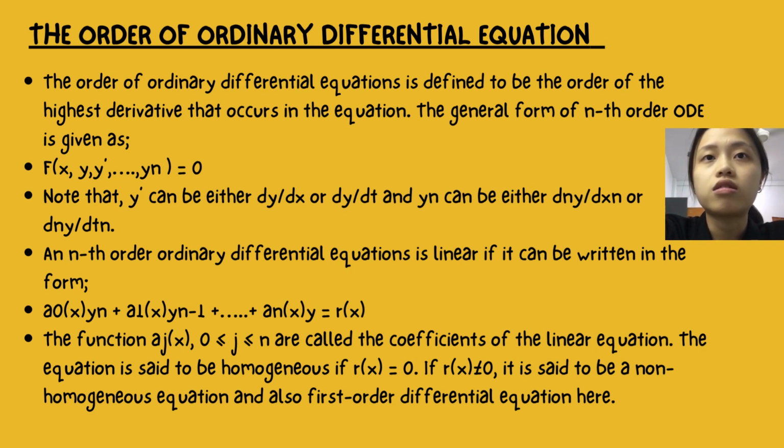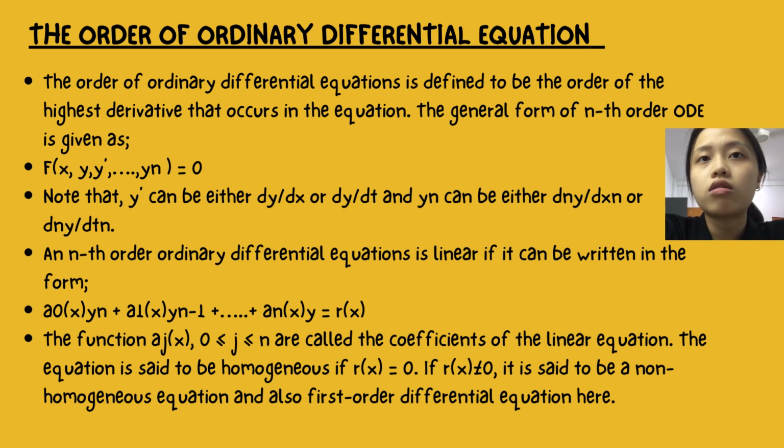Note that y prime can be either dy over dx or dy over dt, and y to the power of n can be either d to the power of n y over dx to the power of n or d to the power of n y over dt to the power of n.